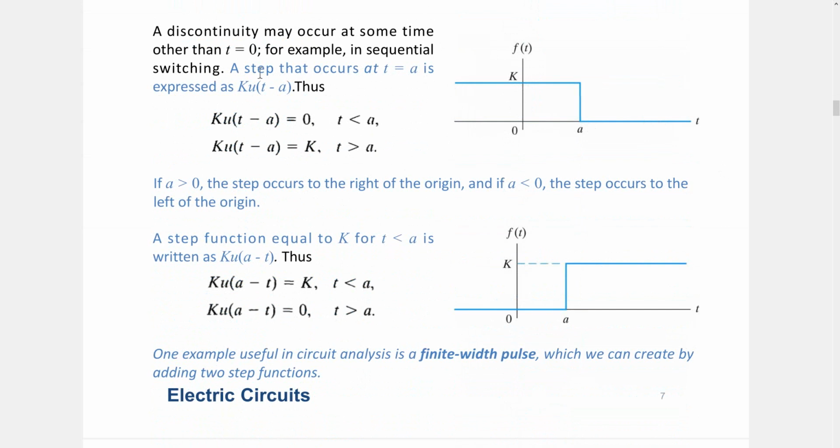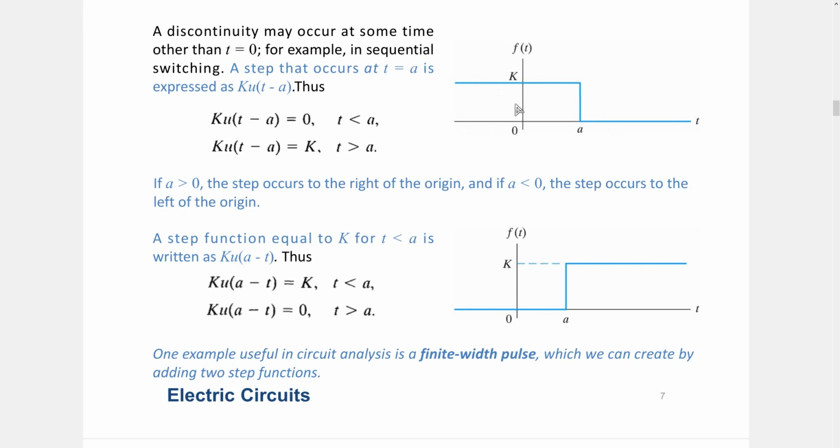For instance, if the step is occurring at t equals a, we can simply define it as k u(t minus a). So I just substituted t minus a for a positive a, with a right hand shift. So we can define this using the basic step function.